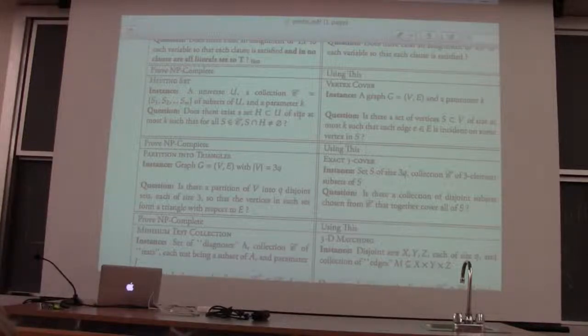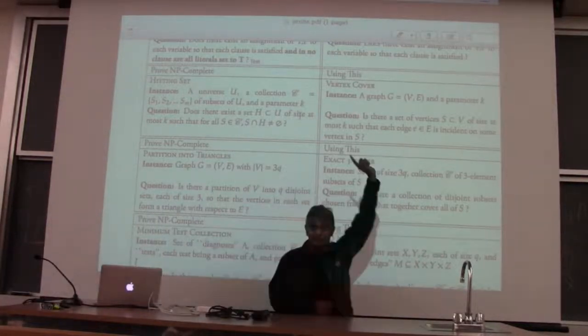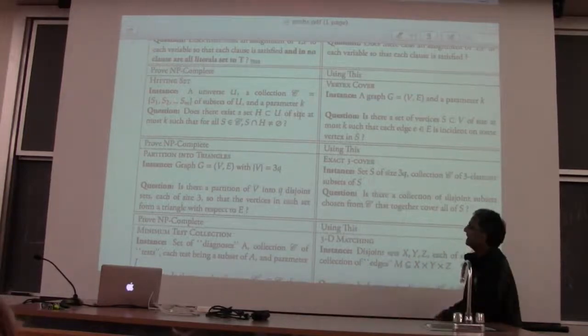What I want you to do is take the problem on the left, and show that the problem on the right, hitting set, which is very clearly there, reduces from it. In this case the problem on the left is vertex cover, which we already know is hard. So usually you have this, you don't have that, and you go through some catalog of problems to find the one that helps you here. So it's so much easier now.